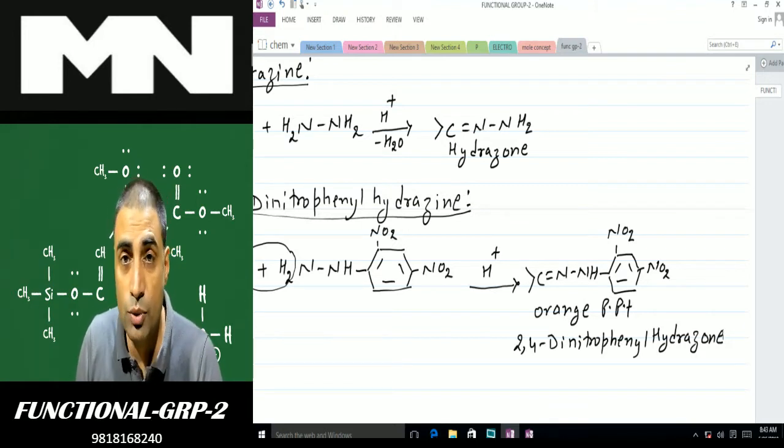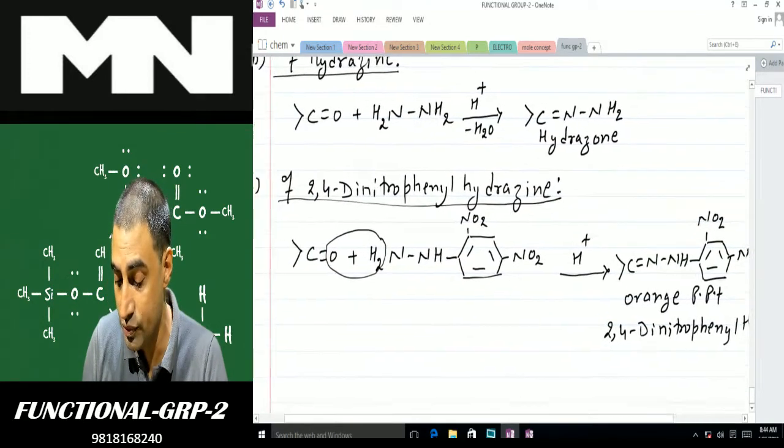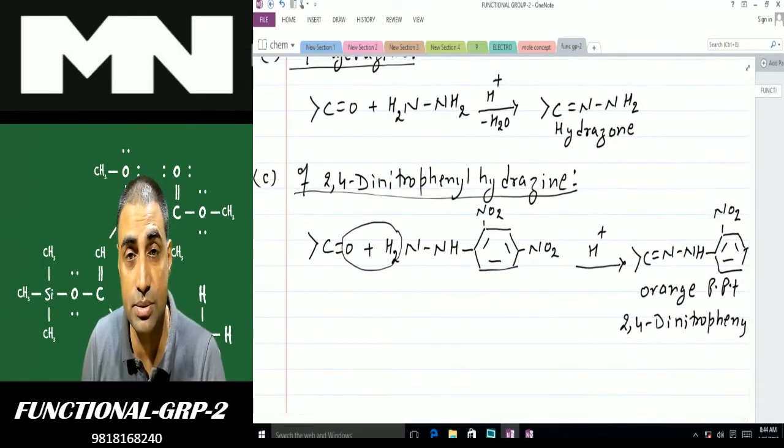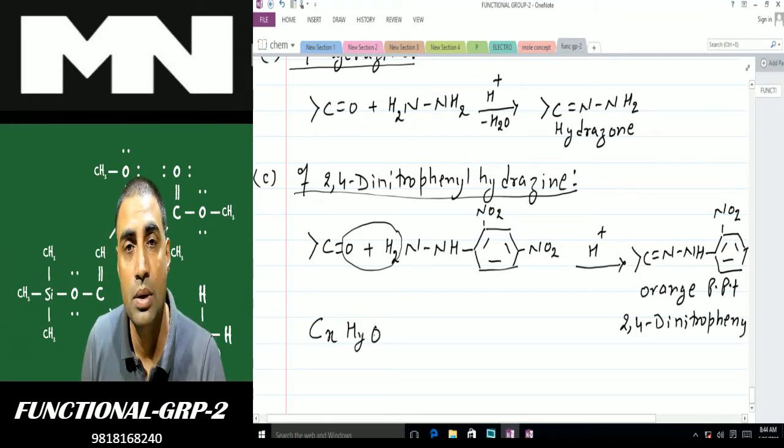I told you one more test, that is addition of sodium bisulfite. This is the second test, and this is the one which is very important for you, because many a time a question is asked based on this. Suppose you have been given a compound like CxHyO. Single oxygen means it can be either an aldehyde or a ketone or an ether or an alcohol.